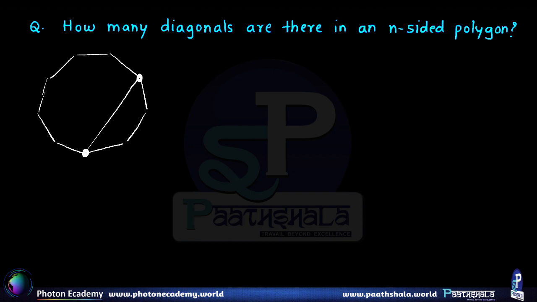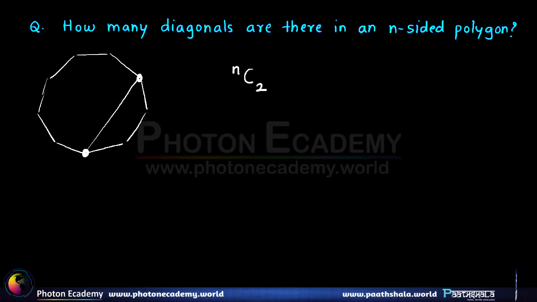So as we see, whether it's a side or a diagonal, both are basically straight lines. So out of n points of the polygon, in general we can select 2 points in nC2 ways. That gives the total number of lines that can be drawn from the n vertices of a polygon.